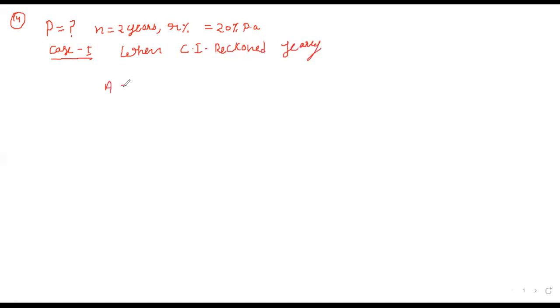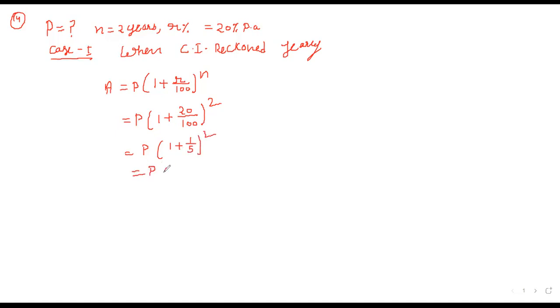We use the formula amount equals P into 1 plus R by 100 whole to the power n, which is equal to P, which is unknown, into 1 plus rate of interest 20 by 100, number of terms 2. So P into 1 plus, when we simplify, 20 by 100 is 1 by 5.